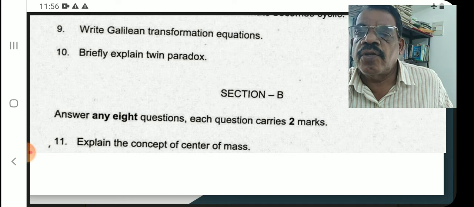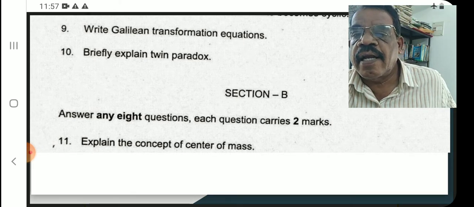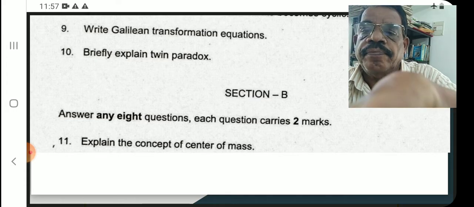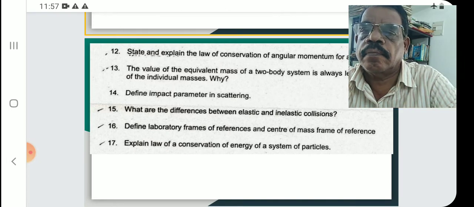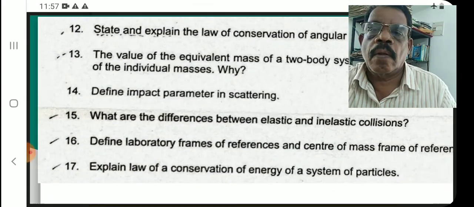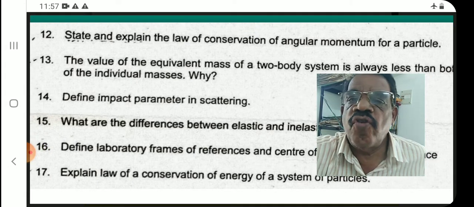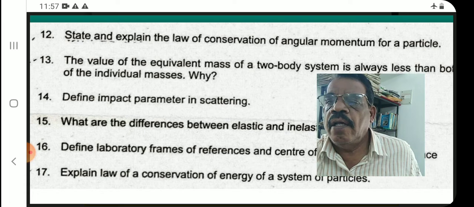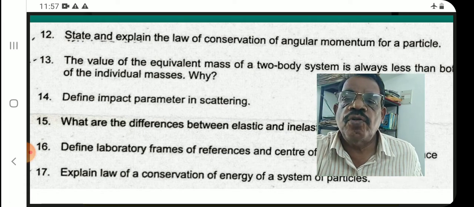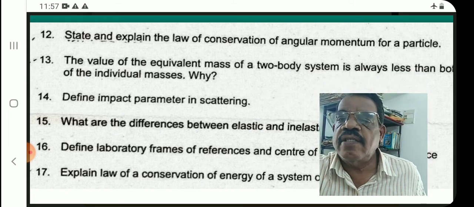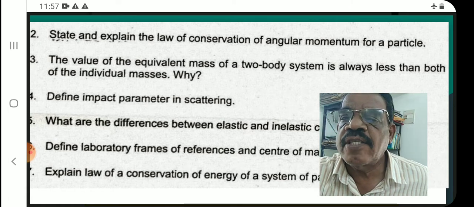Answer any 8 questions. Each question carries 2 marks. Explain the concept of center of mass. Number 12, state and explain the law of conservation of angular momentum of a particle. Number 13, the value of the reduced mass of a two-body system is always less than both of the individual masses.